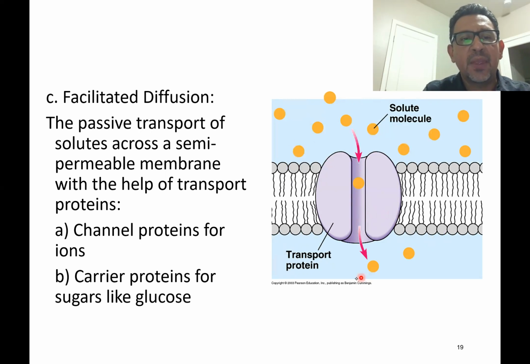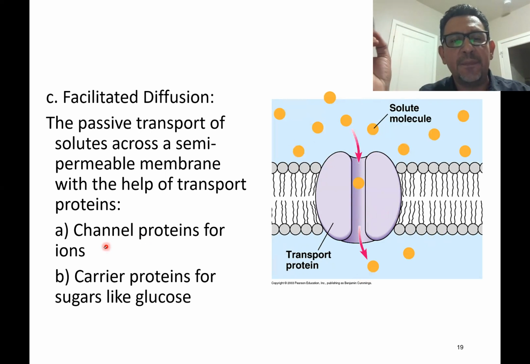And so these channel proteins can be used for moving substances that are going to be dissolved in water, but otherwise cannot make it across the phospholipid bilayer. I will make another video to explain the other forms of membrane transport, which are going to be active transport and bulk transport.